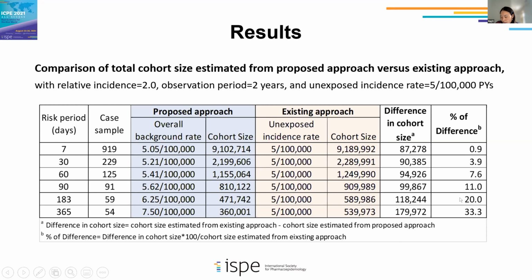So we can see the cohort size calculated from the proposed approach is always less than that calculated from the existing approach. And with a longer risk period, the difference in the total cohort size between these two approaches gets larger.